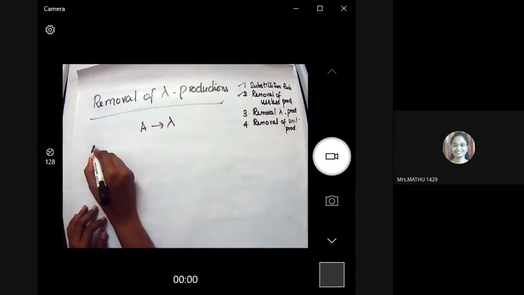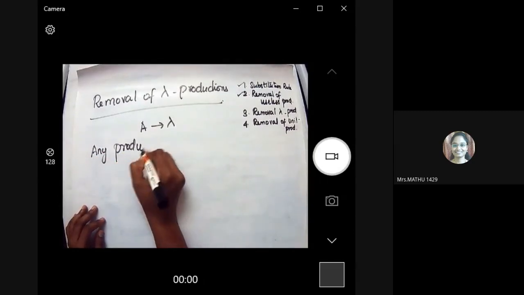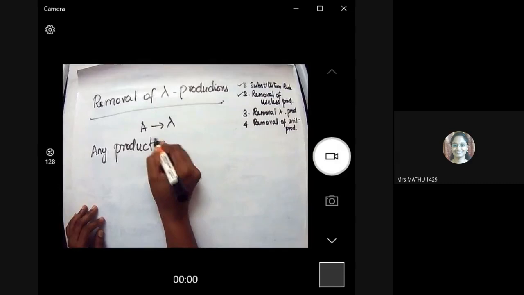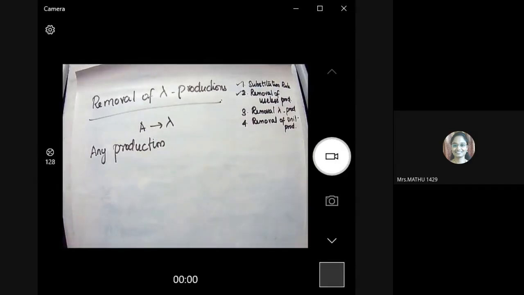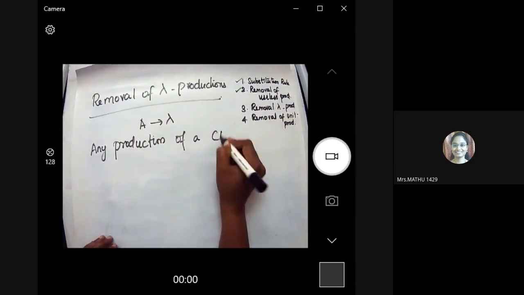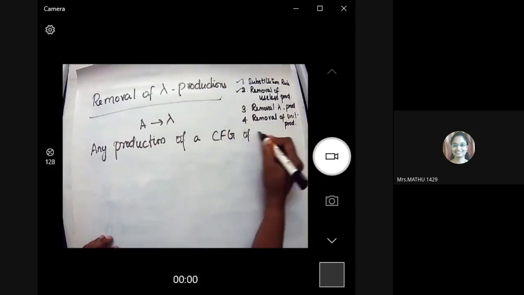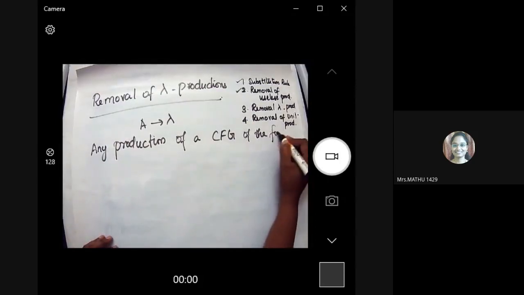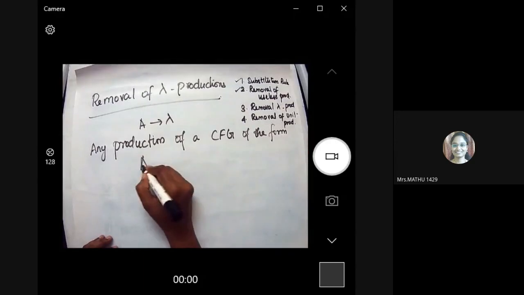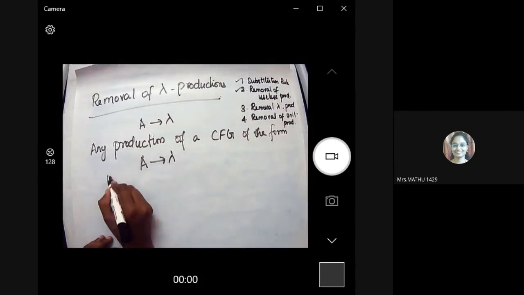You can take down the definition. Any production of a context-free grammar of the form A gives lambda is called a lambda production.